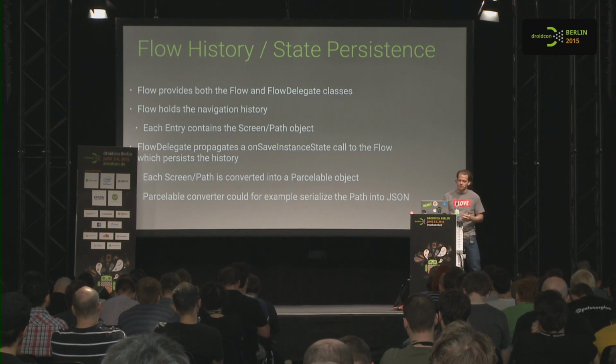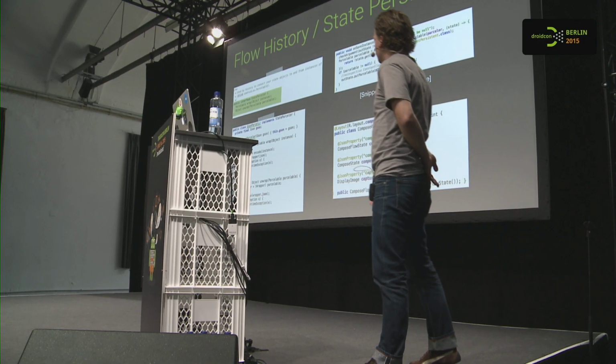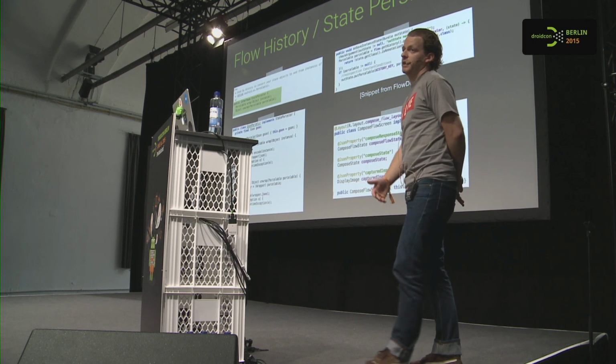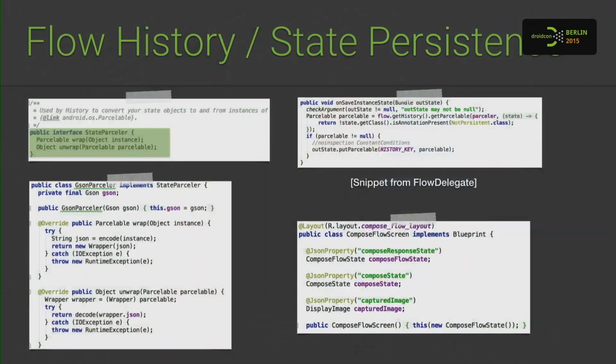But you can have a very simple, your screens can, for example, contain some complex objects for which you have JSON serialization. So here you build your own parceler, the state parser. And in this case, there's a JSON one. So you provide this to the Flow Delegate, and when your screens are persisted, it goes through whichever parser you provide.